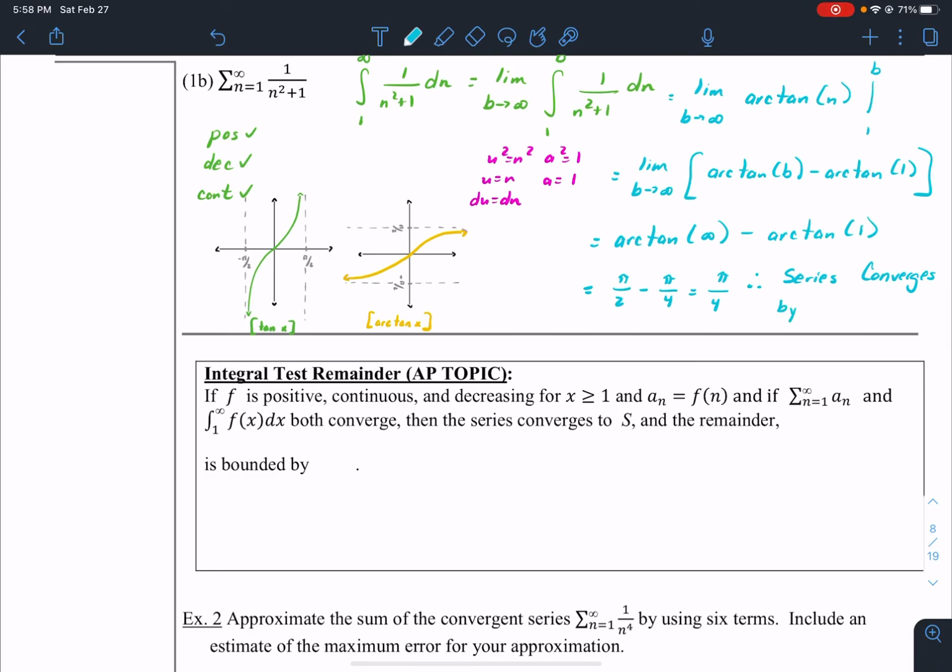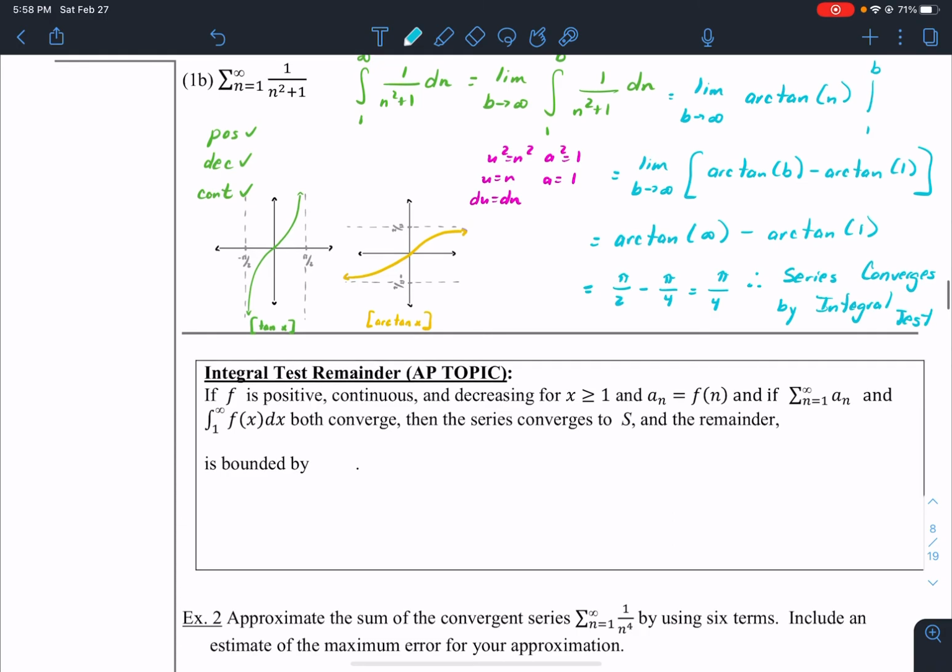It's important to recognize, though, that I'm not necessarily converging to pi over 4. Getting the value tells me what my integral is converging to, but my series and my integral are just enough different that I've got to be really careful with my understanding here. The behavior is the same in that they both converge, but I'm not necessarily converging to pi over 4 for this series.